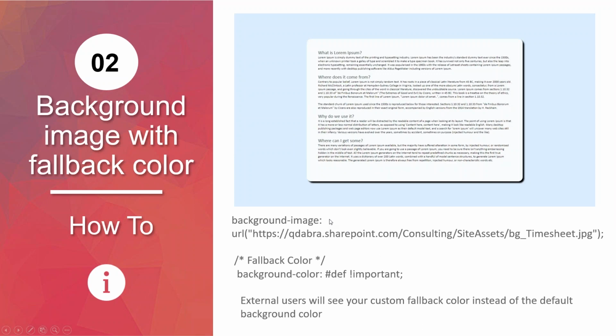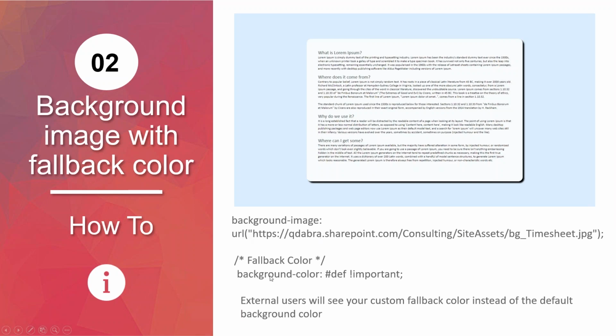here I am, showing using two. There's the background image and the fallback color. So what's this fallback color for? So for example, an external user tries to access your form, and because Forms Viewer allows external access, right? But if the background image is located in your SharePoint site, like in Site Assets, they will not be able to see that image that you specified right here in the background image URL.